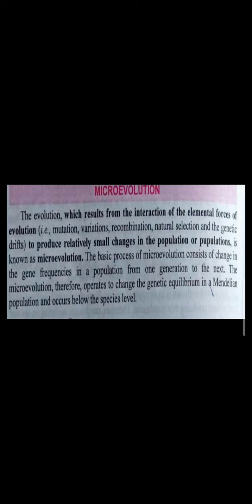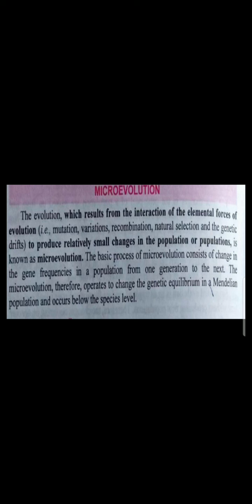In addition to these two types of microevolutionary forces, genetic drift and natural selection also operate on the population to change their gene frequency and thereby disturb the genetic equilibrium. Therefore, we can say that the four main microevolutionary forces that lead to microevolution in a local population are gene mutation, genetic recombination, genetic drift and natural selection.